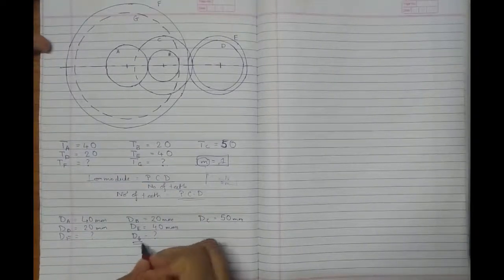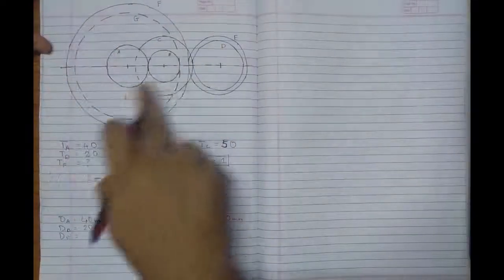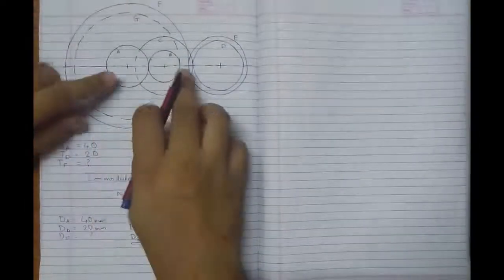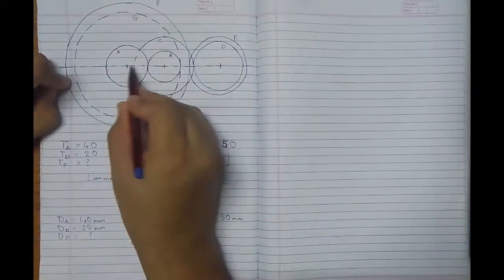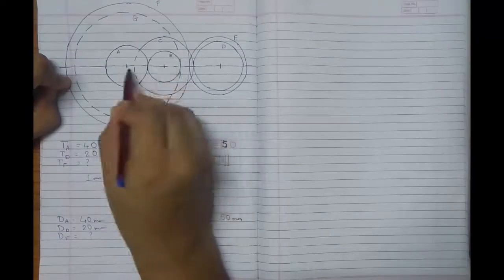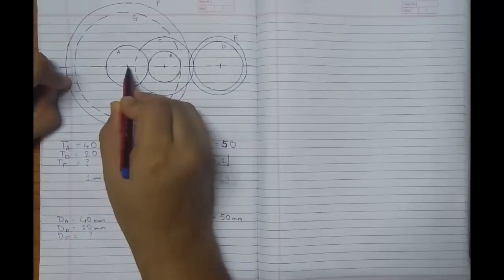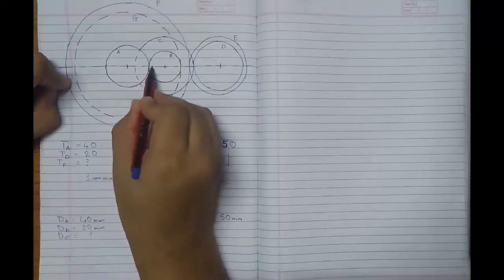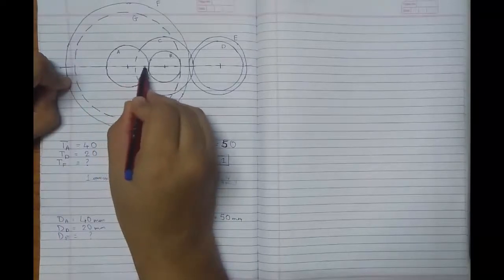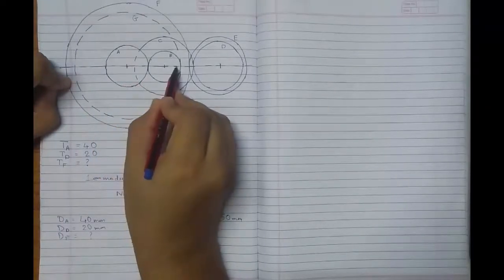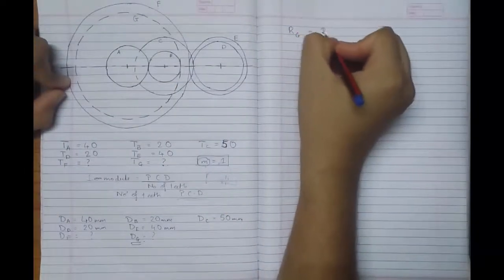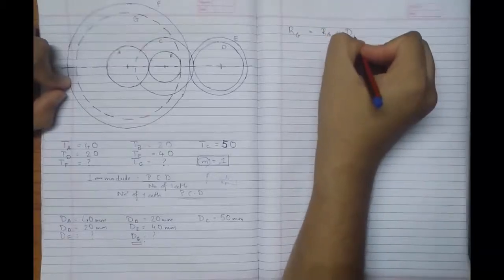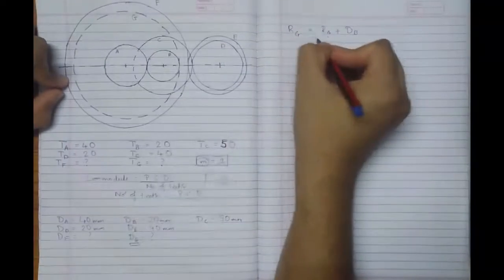Now first we will start off with, say, diameter of G. If you look in this diagram, see, you can see this is the radius of G from this portion to this portion. Now radius of G can be broken down into two parts. This is radius of A plus diameter of B. So we can write radius of G is equal to radius of A plus diameter of B. So what is radius of A?